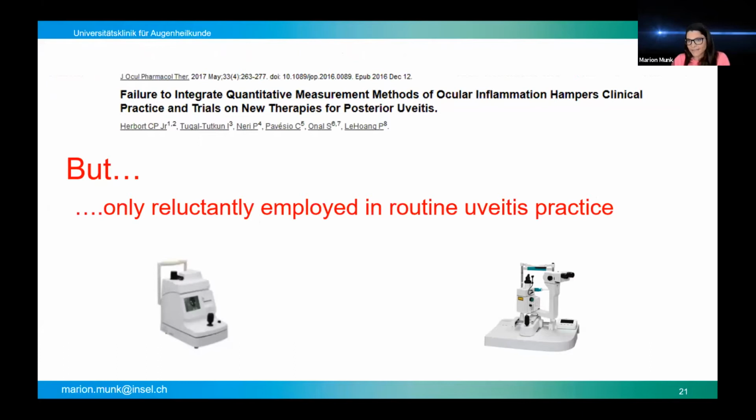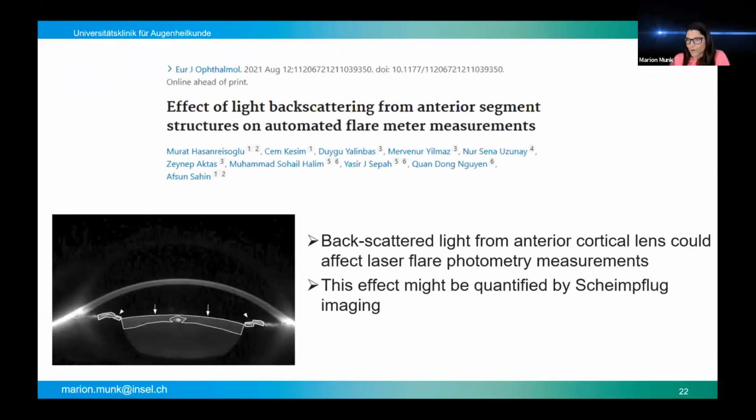Nonetheless, it's only reluctantly employed in routine uveitis practice. One of the reasons for this is that you need an additional exam for the patients. And of course, you need an additional device, which you have to buy, and which is often costly. Another downside is that there are also biasing factors in the quantification of laser flare photometry. For example, the backscattered light from the anterior cortical lens may also be a bias for the assessment of laser flare photometry.